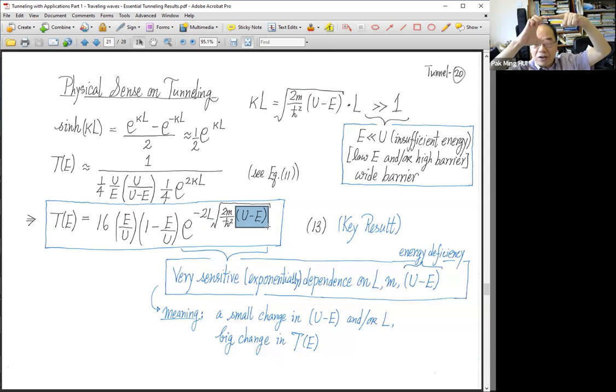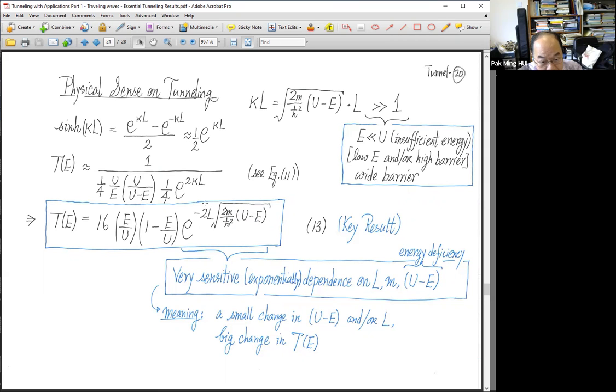So this is the deficiency. You start from here, you lower energy a little bit, the deficiency becomes bigger. This exponential minus that quantity will drop by several orders of magnitude easily, okay? Exponential is very sensitive to the value in the exponent.